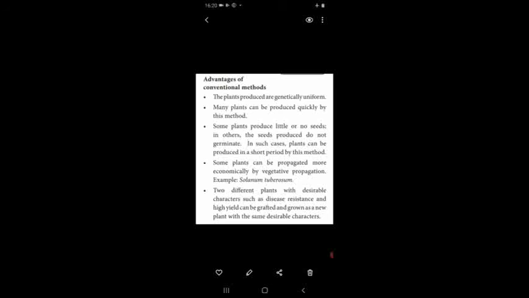Some plants produced by this method are economically very useful, for example Solanum tuberosum, that is potato. Whenever we use this conventional method, sometimes we can get a desirable character, that is, a different character in a new plant.